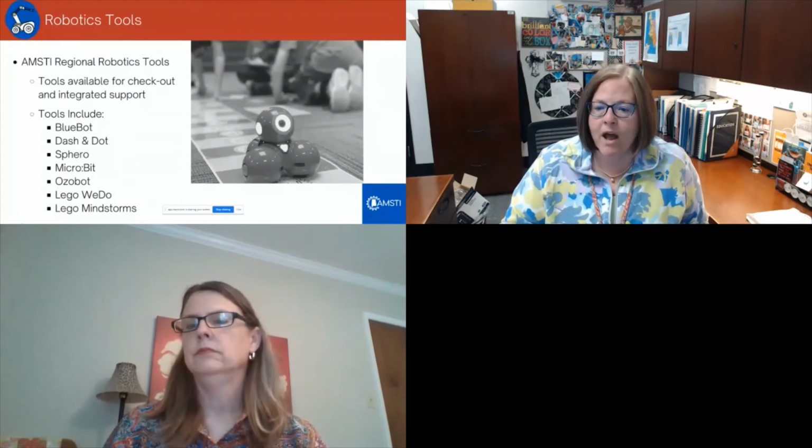And each year, well, before I go to that, these are the tools. If you remember, I spoke a few moments ago about the robotics tools that are available. These are the ones that we currently have available in all regions of the state. Some regions have some others in addition, but these are the basic set of robots that you can expect to find at your regional AMSTI site.